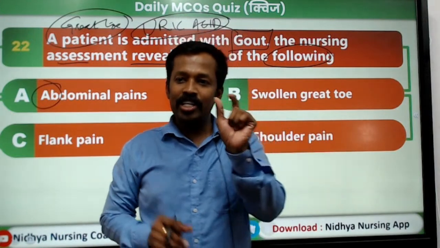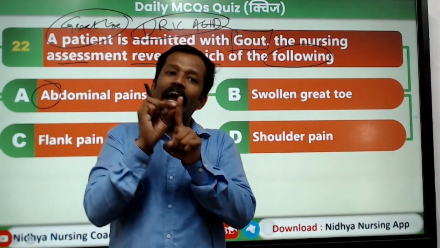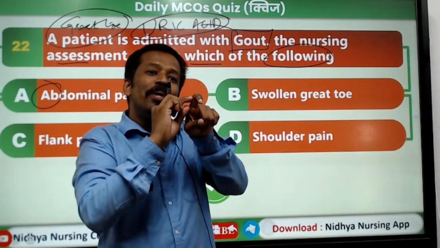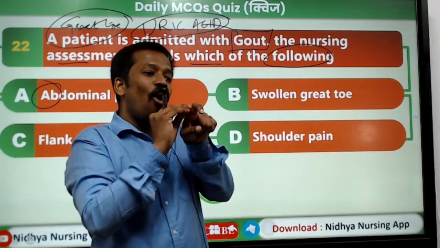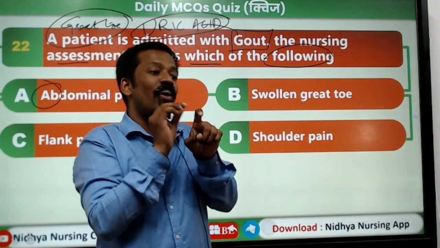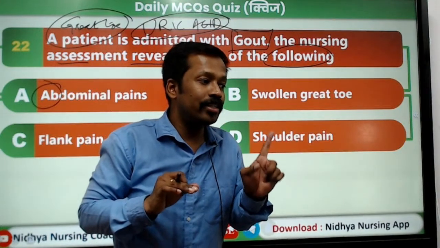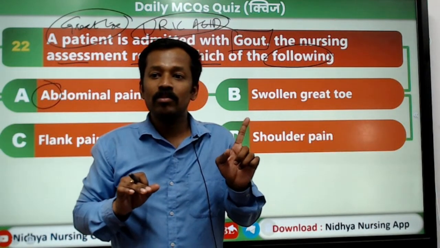Uric acid deposited in the great toe. There will be a node like or a growth like structure. What is it called? What is the name of that?